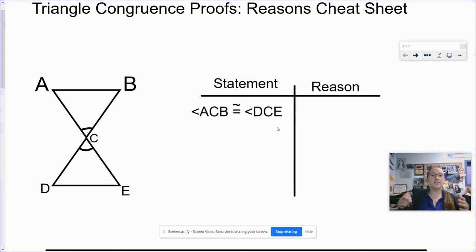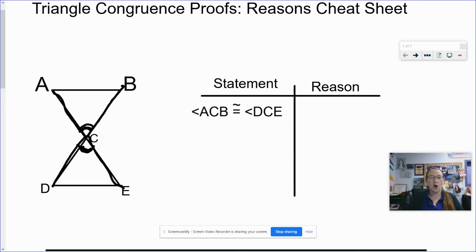Okay, so if you see a picture like this, anytime you see 2 triangles kind of touching at the tip, we are able to say that these angles are congruent. So that's what we have here. Angle ACB, angle A to C to B, is congruent to angle D to C to E. Now, the reason why we can say these are congruent is because this is a special angle pair.